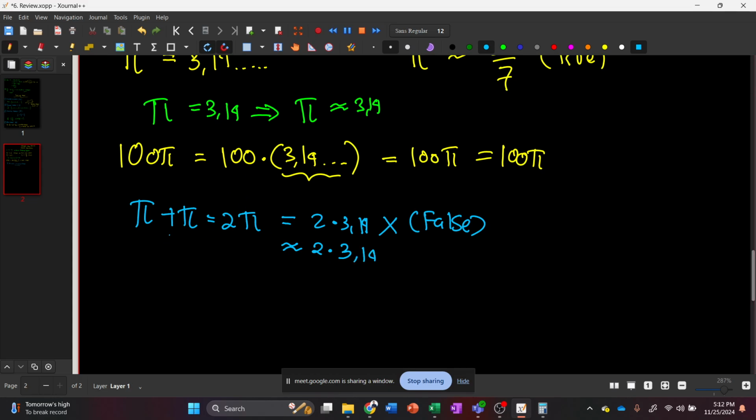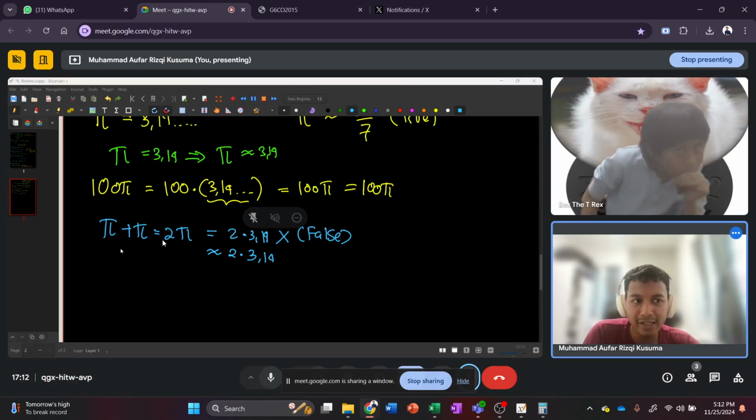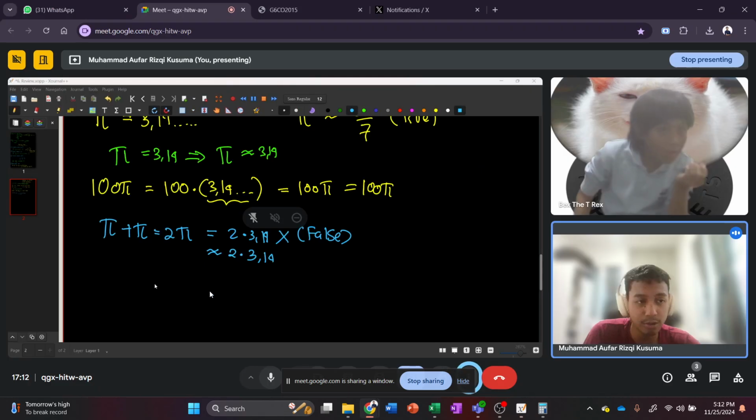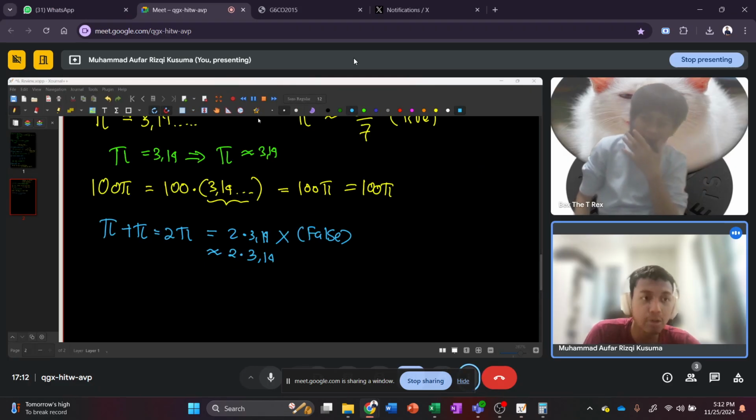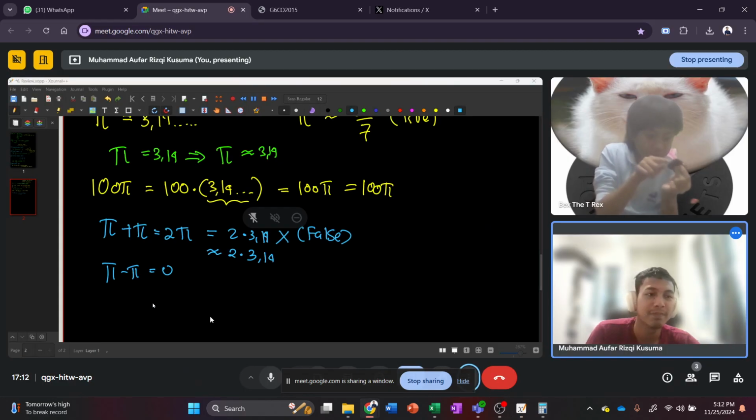So the operations of pi obey our multiplication rule, our plus rule, our minus rule. If I do pi minus pi, this is equal to 0, right?